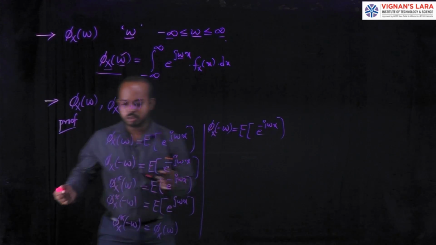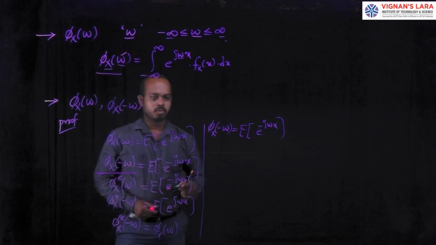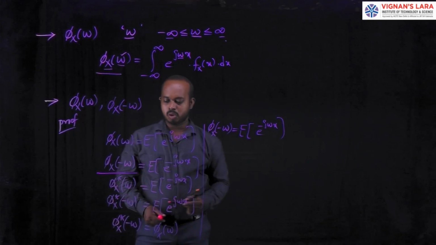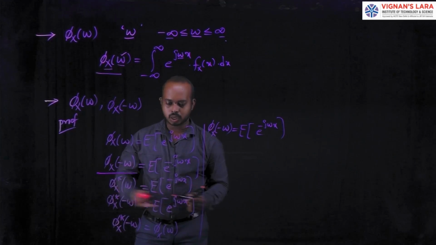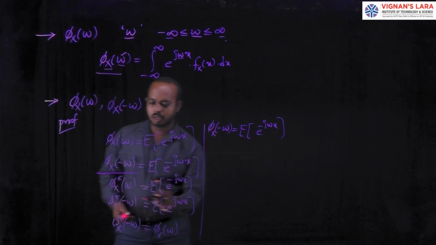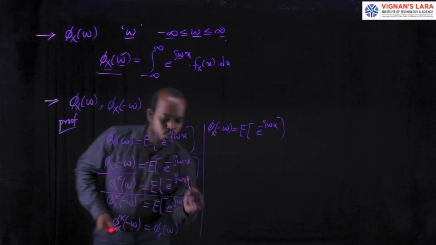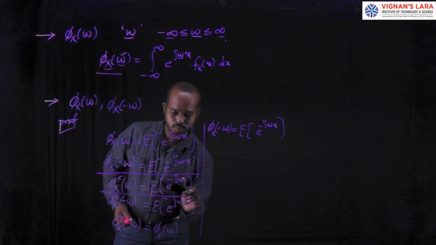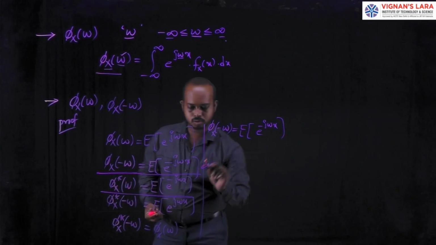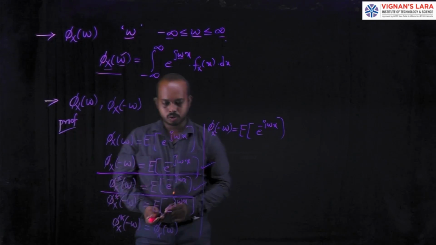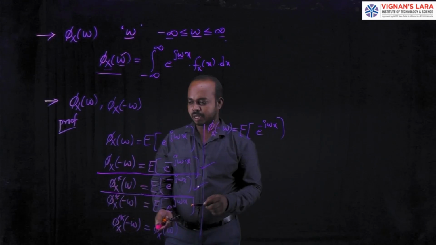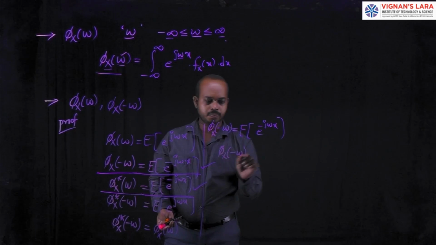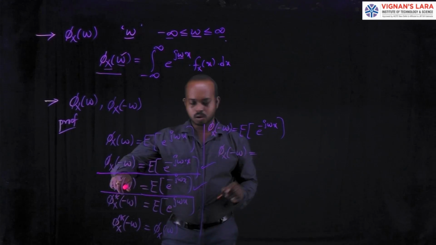In this one, this negative quantity and this conjugate value are both equal. Here I am taking these two relations, this one and this one. From these two equations we can write φx of minus omega is equal to the conjugate.